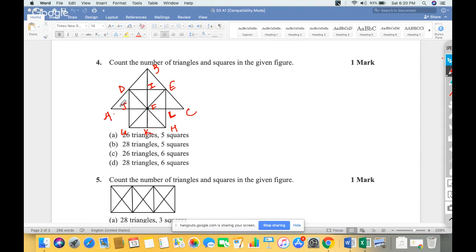You also find that ADF is a triangle. So you write like this, ADJ. You write ADF.